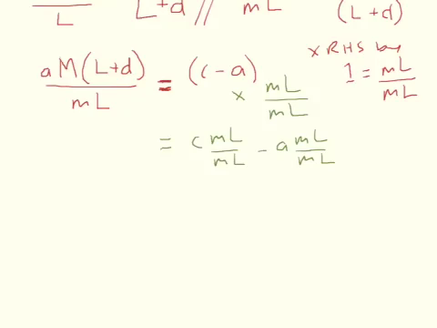Okay, we'll go back to red now, and we're going to bring the A across to the left hand side, and I'll rearrange it to be AML over ML rather than A times ML over ML. Okay, subtle distinction there. Rewind and listen again if you didn't quite catch that.